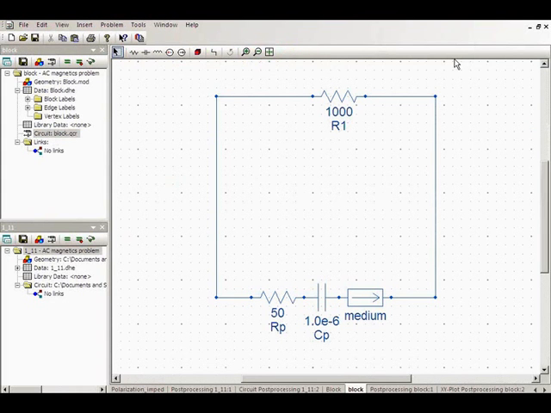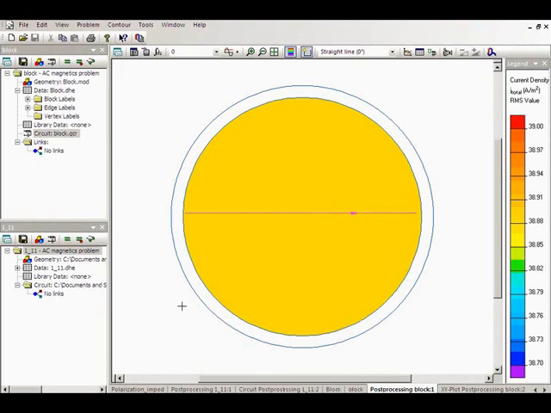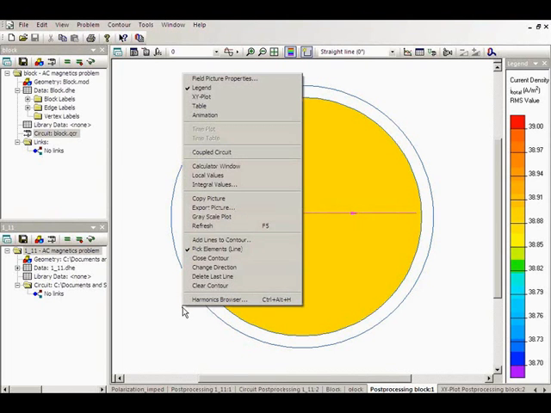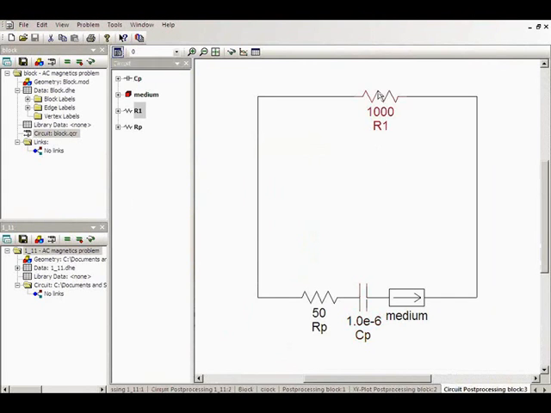In our circuit block, we have current flowing through each element in our circuit block, for example, our resistance.